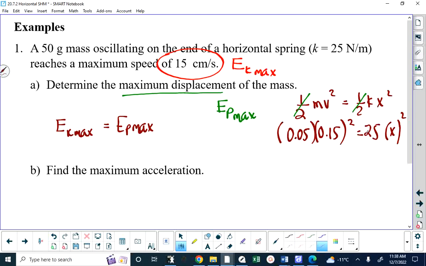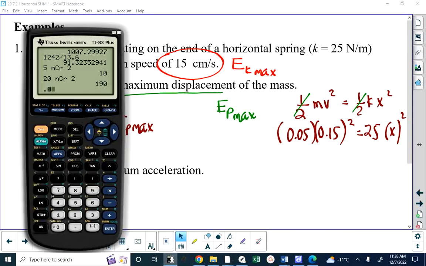What are we going to have? 0.05 multiplied by 0.15 quantity squared, divided by 25 gives me 4.5 times 10 to the negative 5 meters.